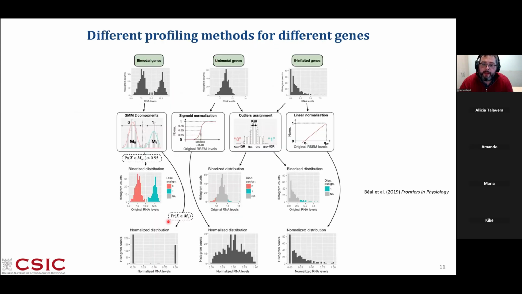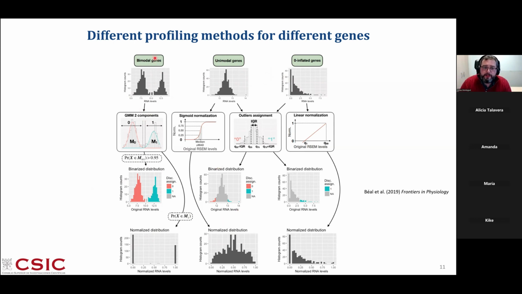Of course, we could complicate this organization much more, but we wanted to keep it simple, and also make sense with what we are doing down the road with these genes. So basically, what we want to do is, for each one of those gene sets, to identify a binarized distribution, so to assign 0 or 1 to a patient for that gene, and also to have a normalized distribution, so continuous values between 0 and 1.